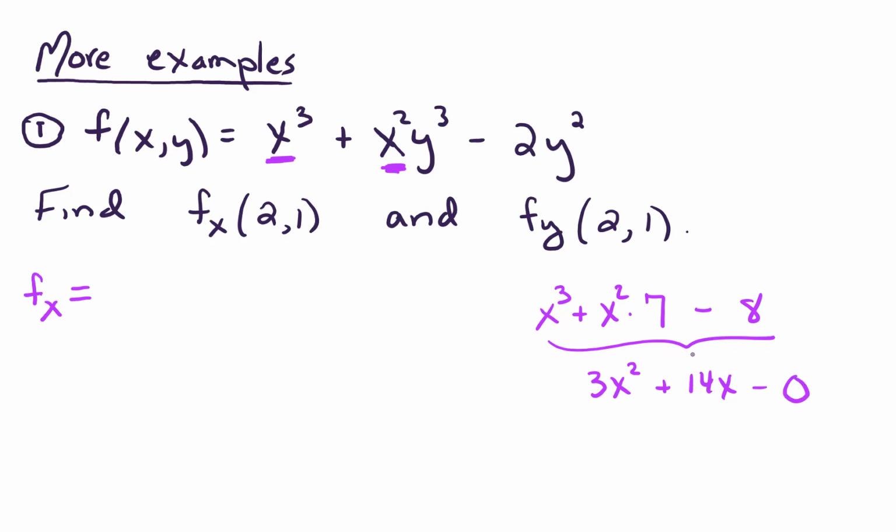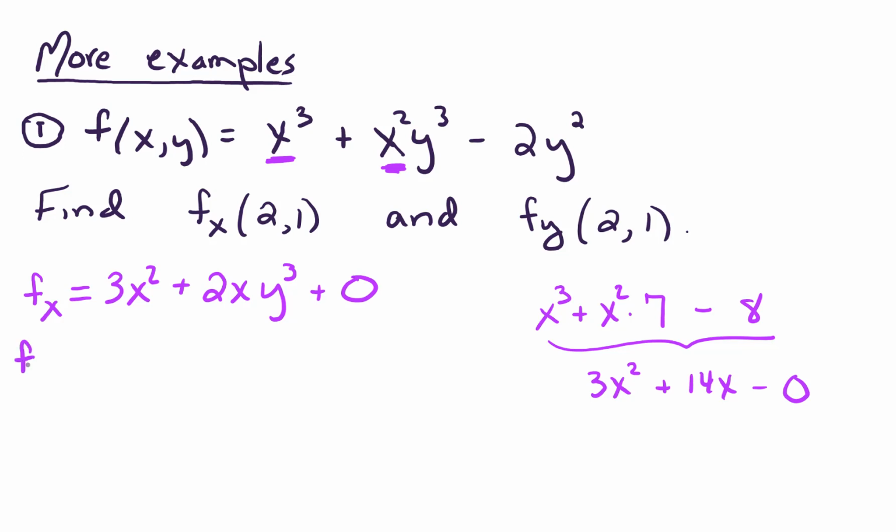So let's do the same thing here, Calc 3 style. We're doing a partial derivative with respect to x. We're going to differentiate with respect to variable x. So we have a 3x squared. Over here, the 2 comes down in front times this constant y cubed, minus the derivative of 2y squared. But that's just like a constant, so that's going to be 0.